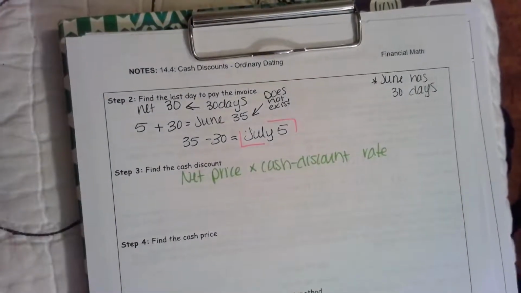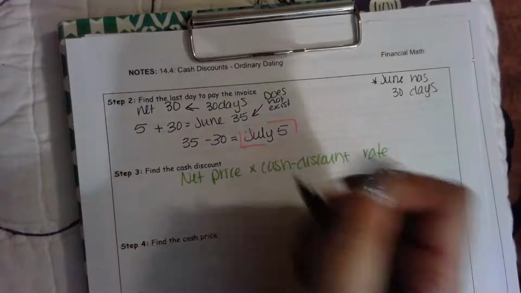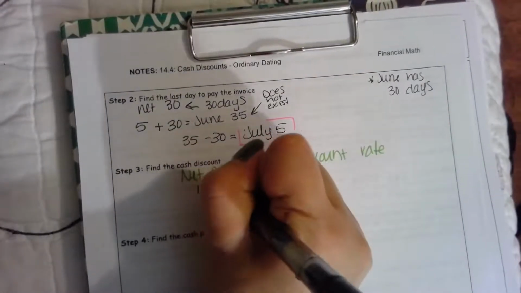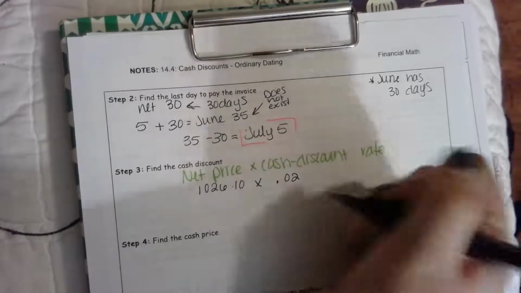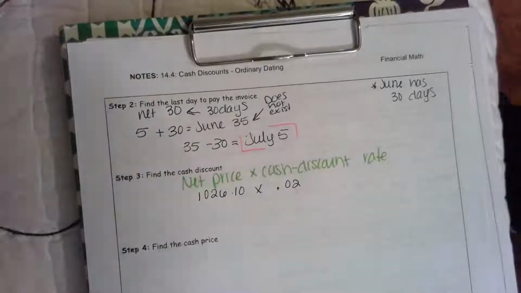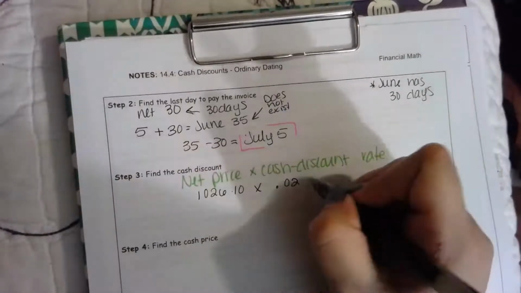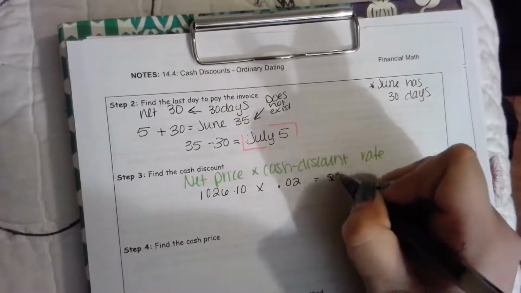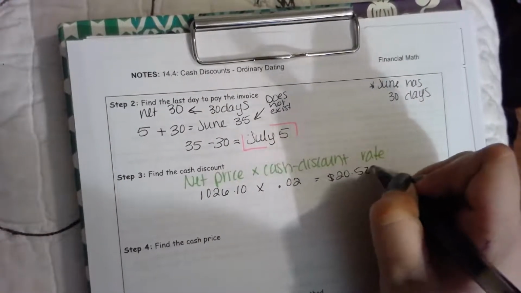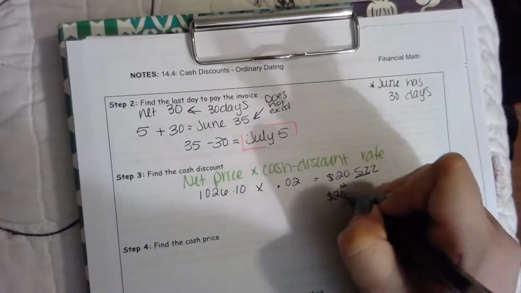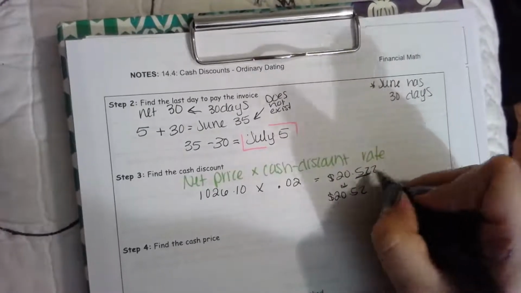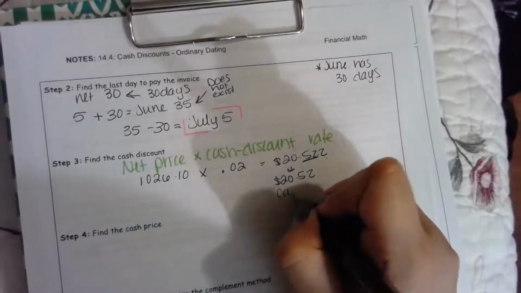So if you have a net price of $1,026.10 and you multiply that by 0.02, because remember the cash discount was 2-10, so the cash discount is 2%, which is 0.02, you would get 20.522, but remember we go up to 2 decimal places, so we would only take 20.52 because this 2 does not round up this other 2, it tells it to stay. And that's going to be your cash discount.